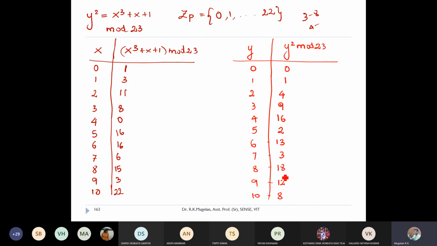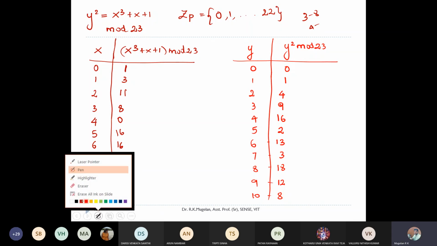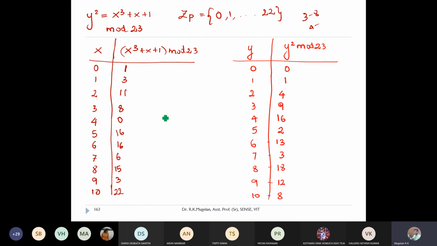Right. Okay. Now once you get this for all the 22 points, what do you have to do? Just check, because if I get a point P, then I have to get the point negative P, because a curve is symmetric about a point. So first, when x is equal to 0, the value which I'm getting here is 1.